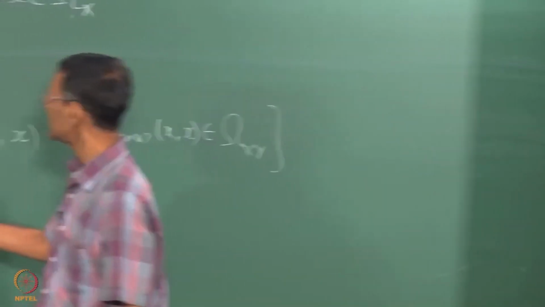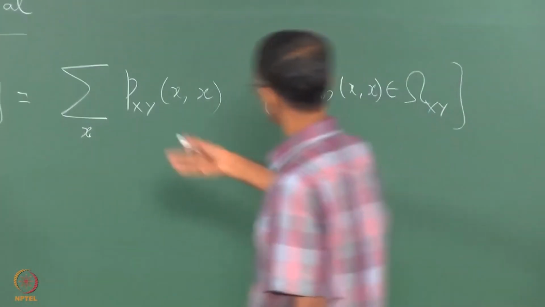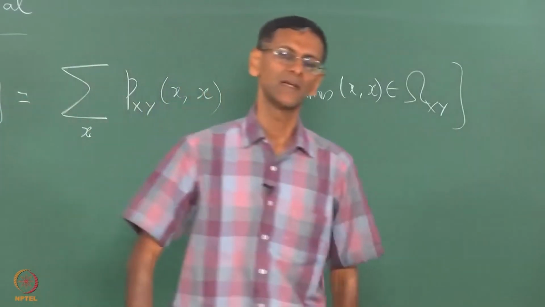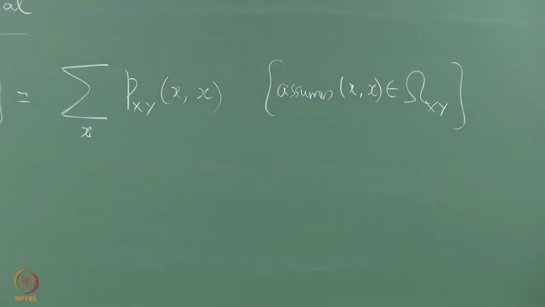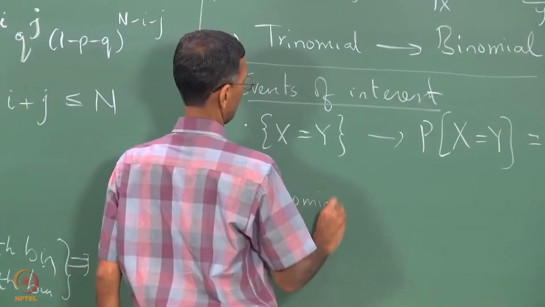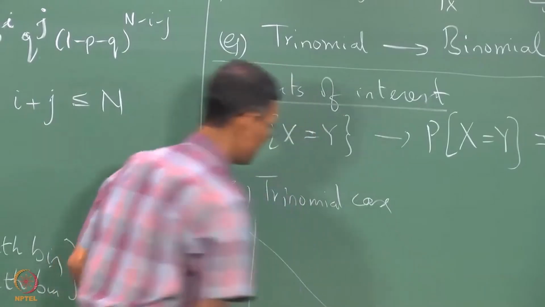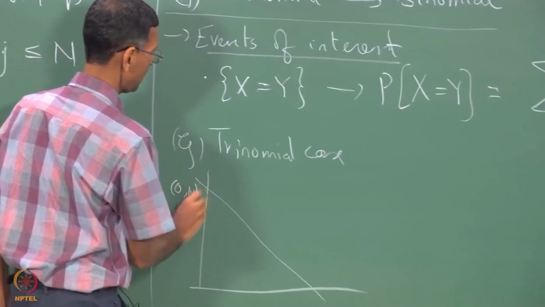When I say sum over x, I am talking about appropriate values of x. You have to look at the specific case and see what the limit of the summation is going to be. So, in the trinomial case, what happens? Here we can draw this picture. This is the point (0, n).